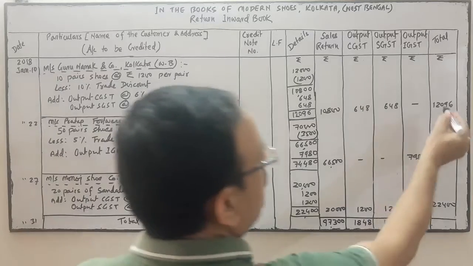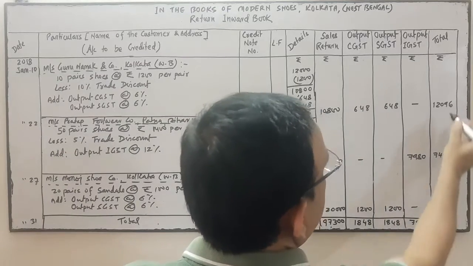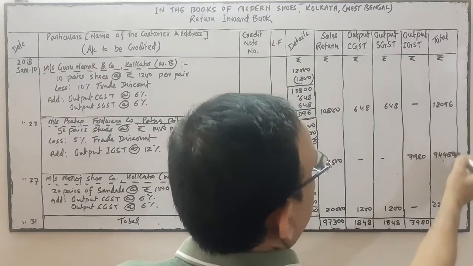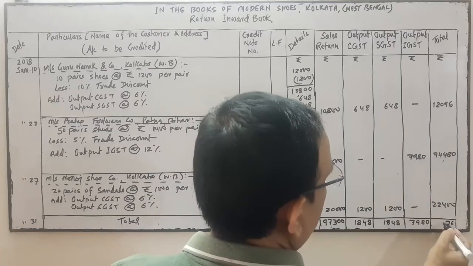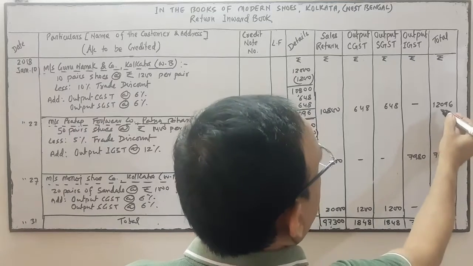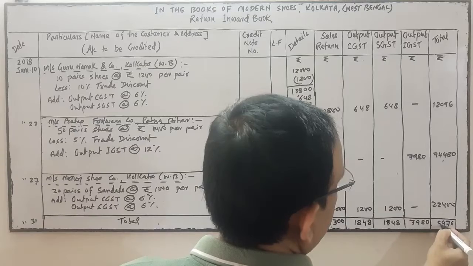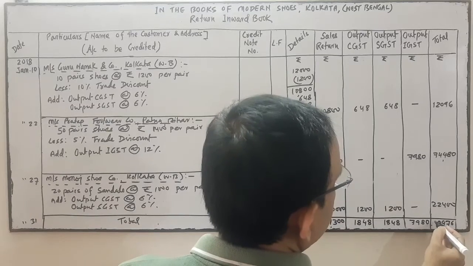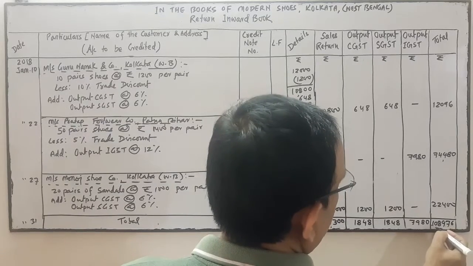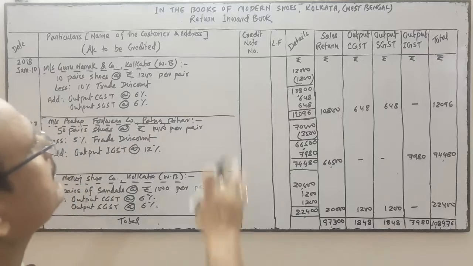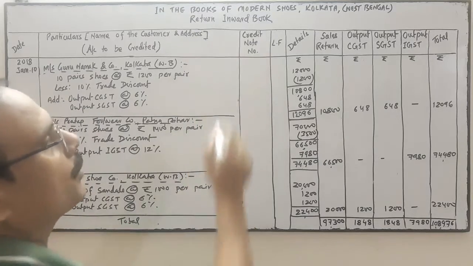And the grand total is 1,08,976. This is the return inward book.